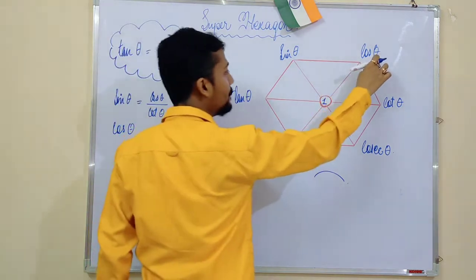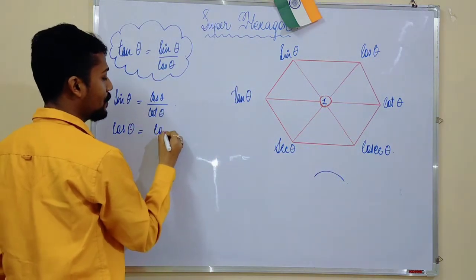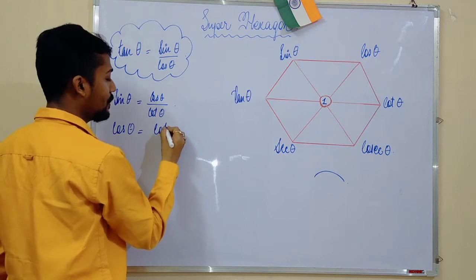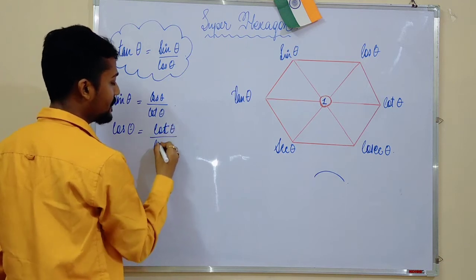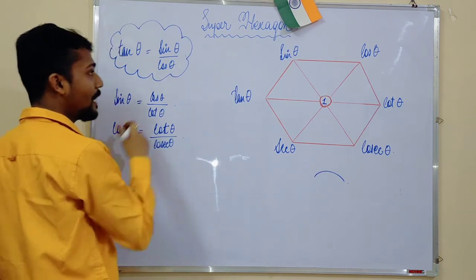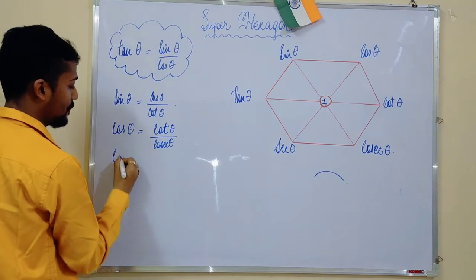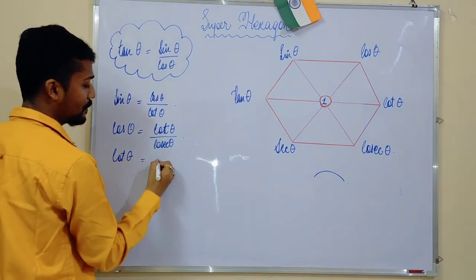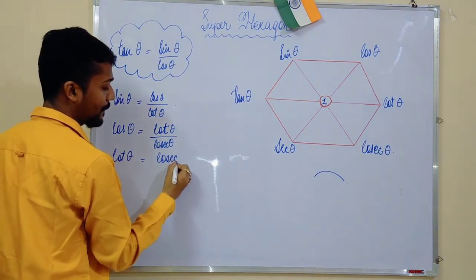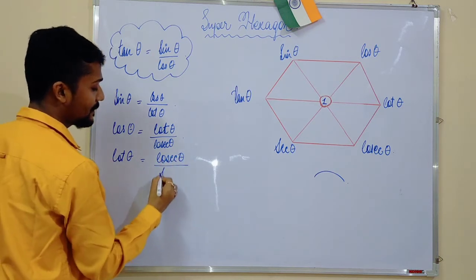Cos theta is equal to cot theta by cosec theta. What is next? After cos is cot. That means cot theta is equal to cosec theta by sec theta.